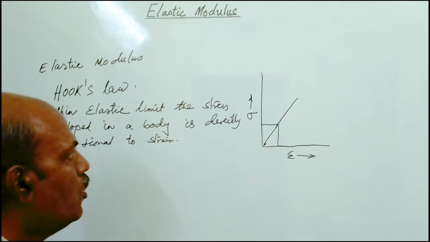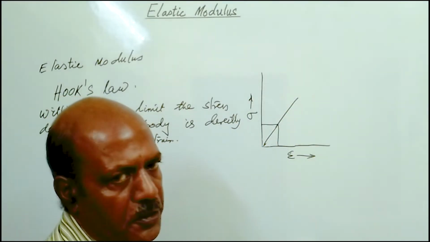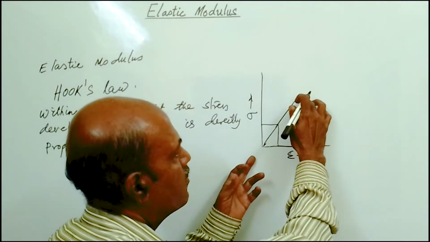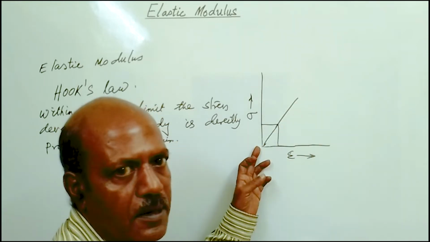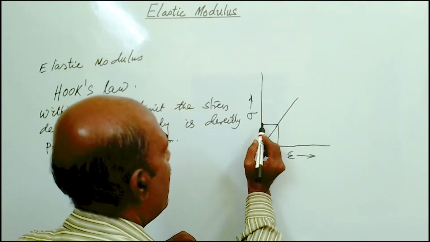In a stress strain diagram, within elastic limit, the curve is a straight line.